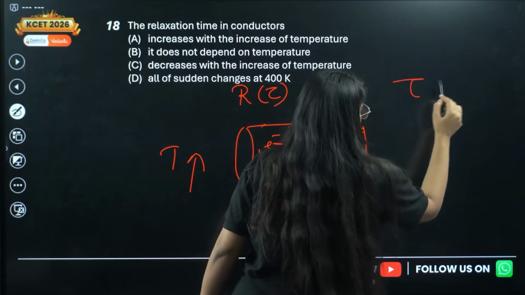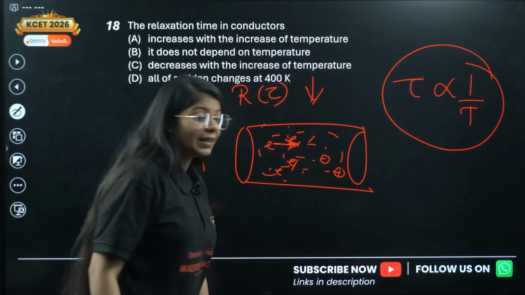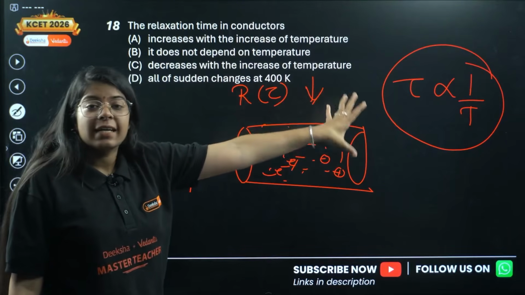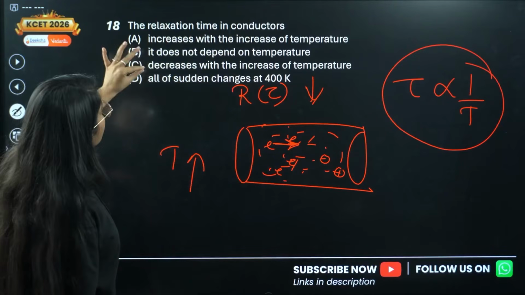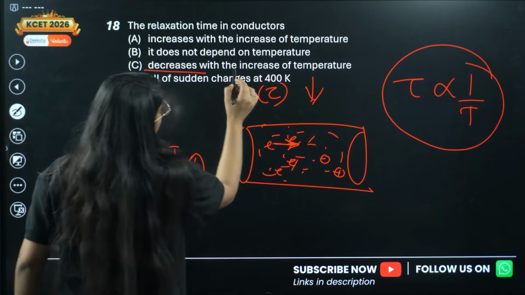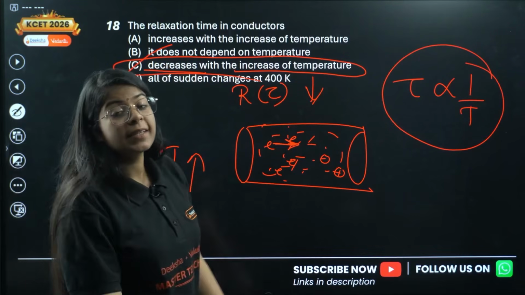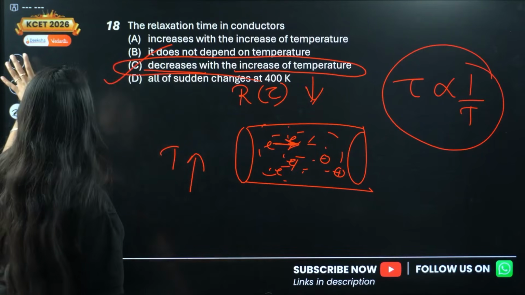Also, always remember, relaxation time is inversely proportional to the temperature. So, if temperature increases, relaxation time decreases. Relaxation time in conductors decreases with increase in temperature. So, C will be my correct answer. That is your 18th MCQ.